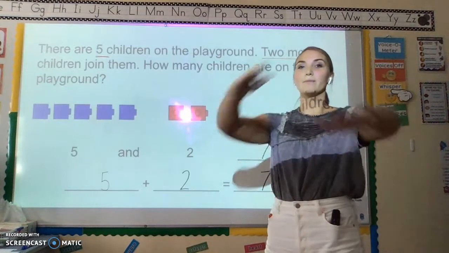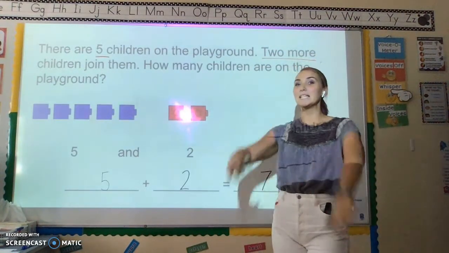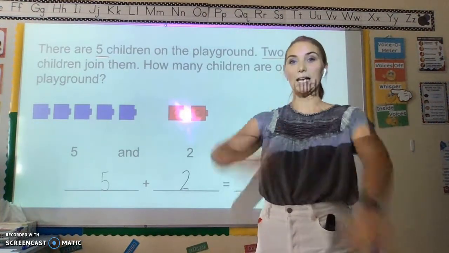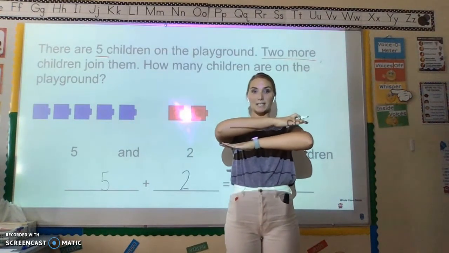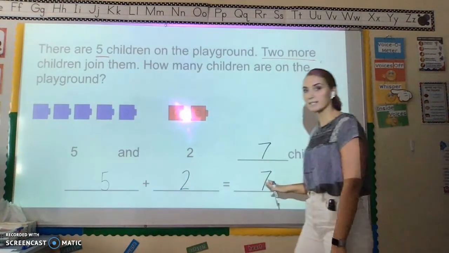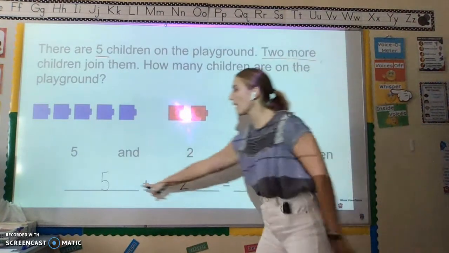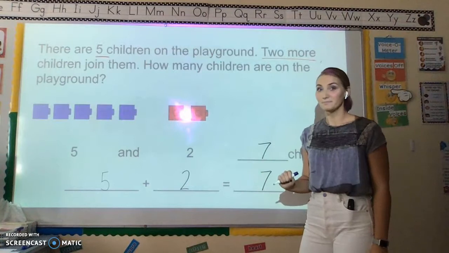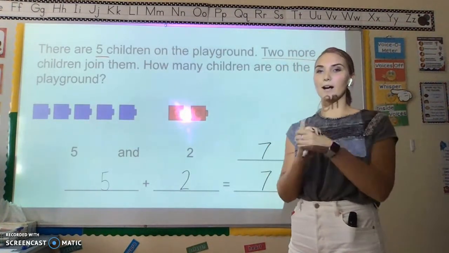Say it for me. Equals. Say it with me. Is equal to. You can even throw your arms up if you'd like. Equal. When I see an equal sign, it means that both sides are the same. So, 5 and 2. Is it the same as 7? It is, because 2 parts make 1 whole.